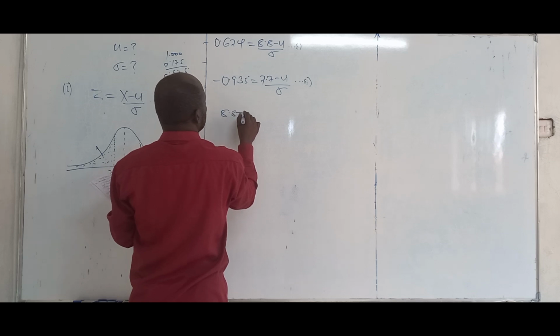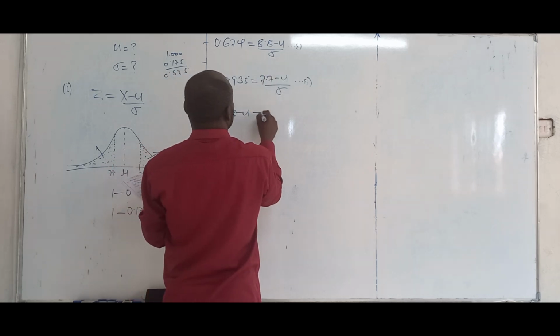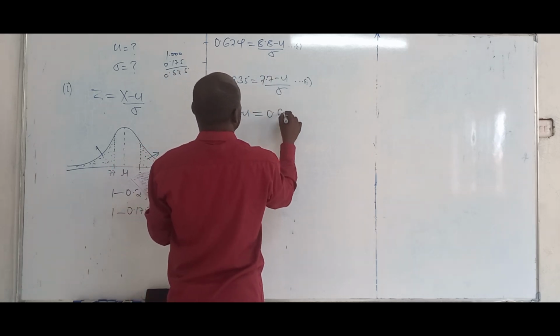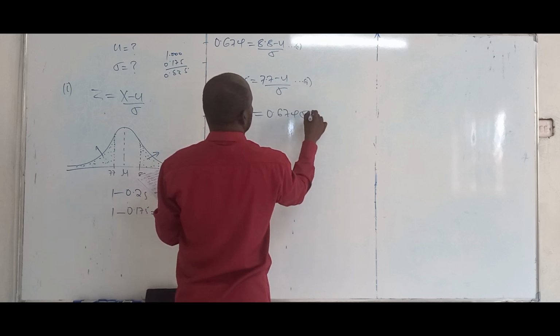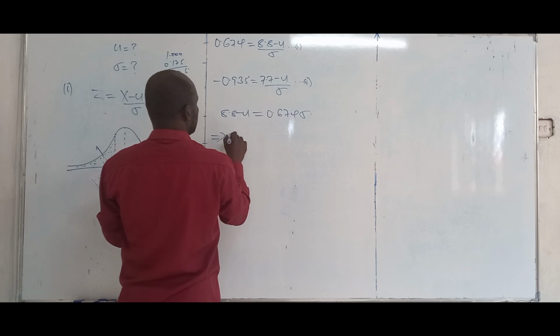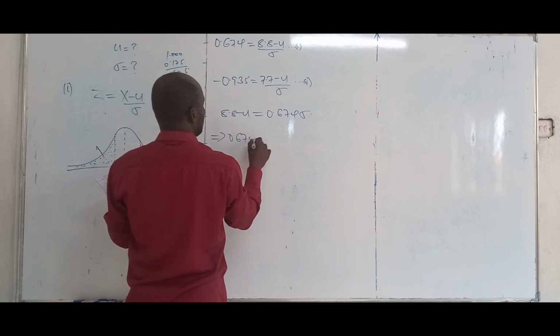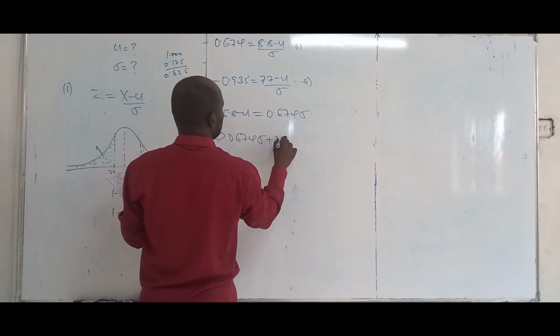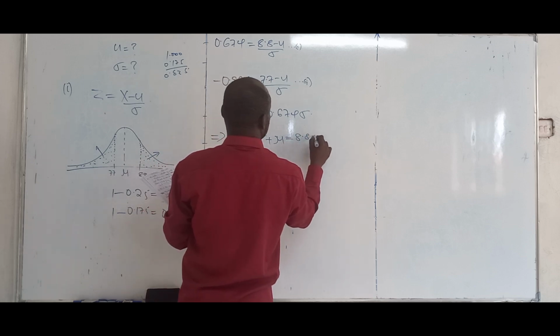So 8.8 minus mu is equal to 0.674 standard deviation. That implies 0.674 standard deviation plus mu is equal to 8.8.